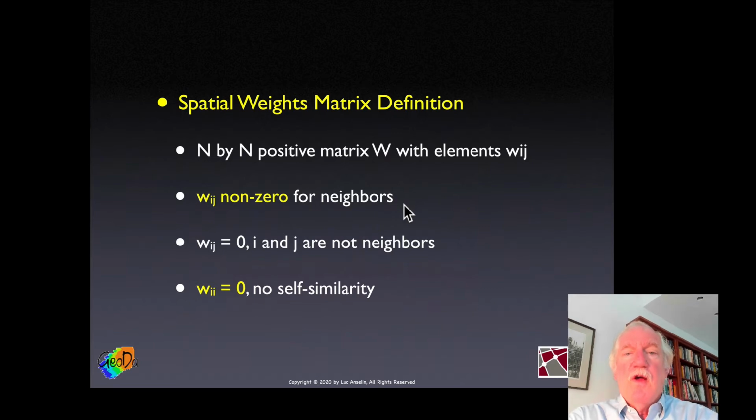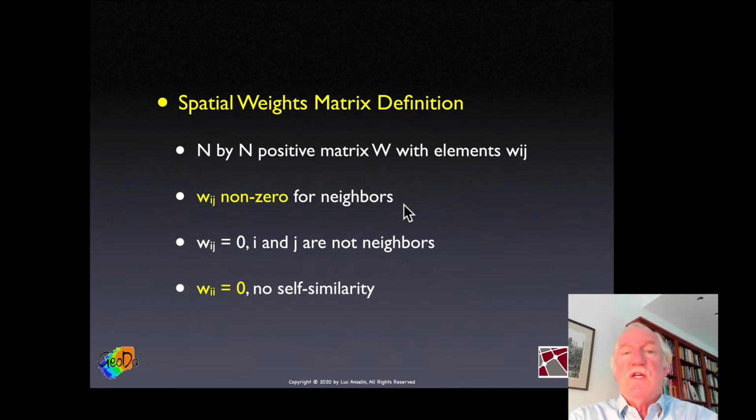So in our situations, in the spatial literature in general, the diagonal is typically set to 0. There's good reasons for that. One is that a lot of statistics rely on the sum of the diagonal elements. And so if these are set to 0, that's really easy to deal with.